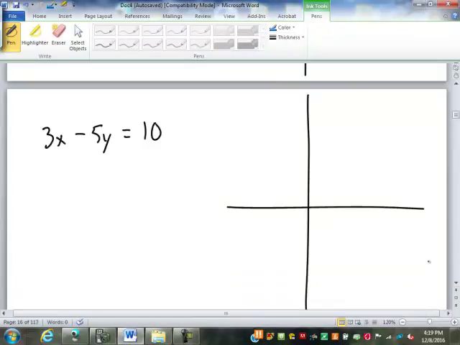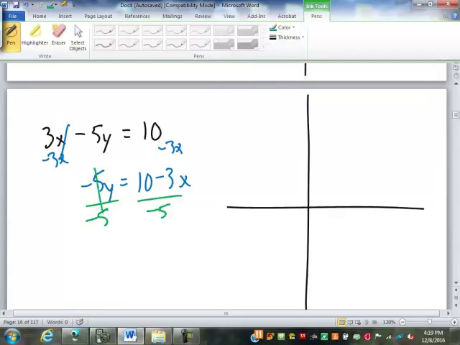Where do we start? Subtract 3x. Negative 5y equals 10 minus 3x. And then? Divide by negative 5. So 10 divided by negative 5? Careful. Negative 3x divided by a negative 5.